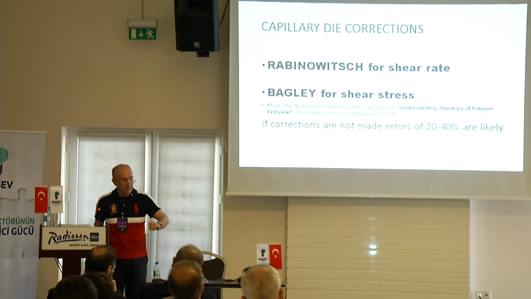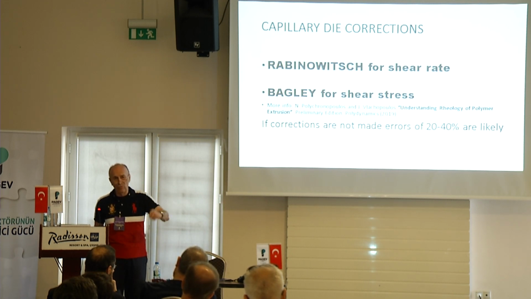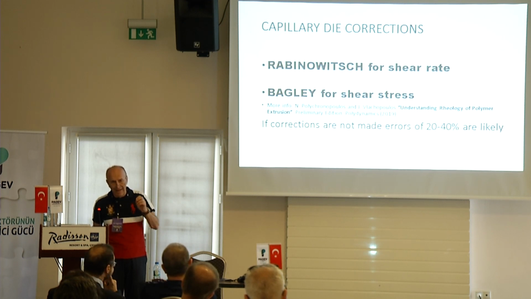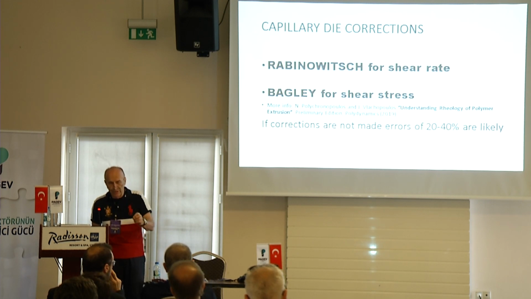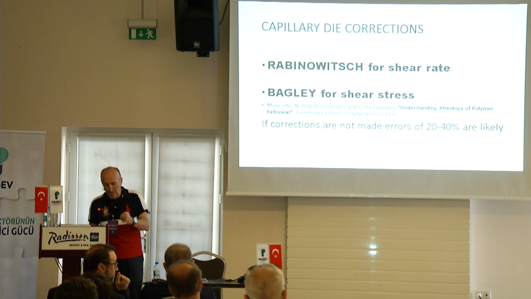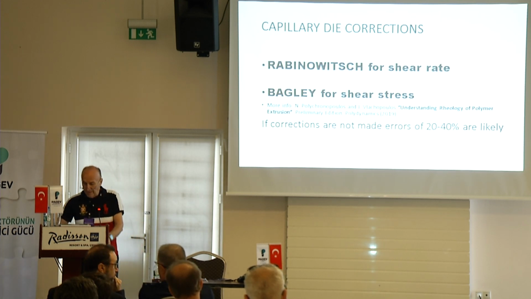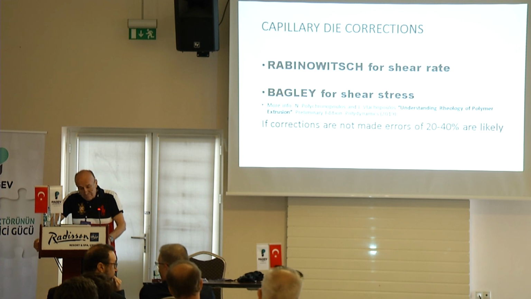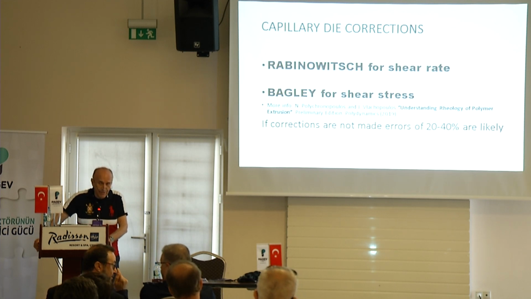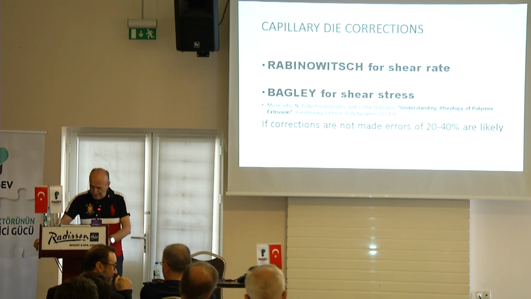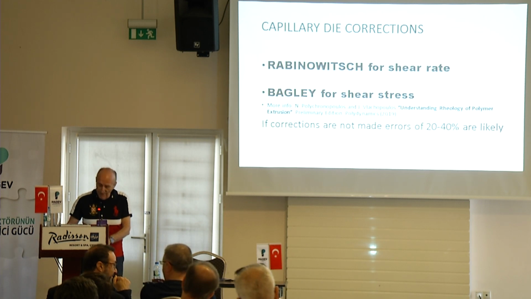And in the book, that each one of you has a copy, I do explain in great detail how we perform these corrections, the Rabinowitsch and the Bagley correction, to get good measurements using a capillary viscometer. Otherwise, you're going to have errors of 20 to 40%. So sometimes, okay, you can live with it. But sometimes you must have more accuracy.